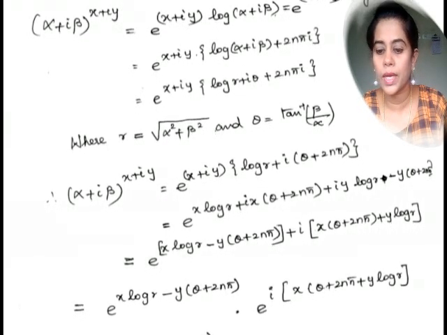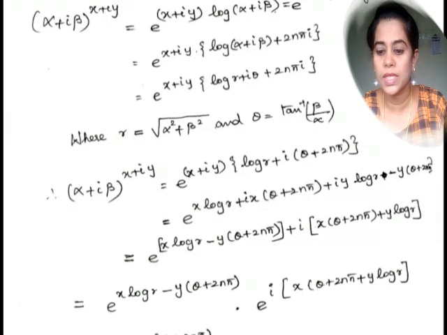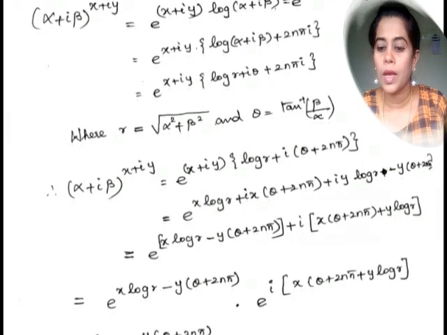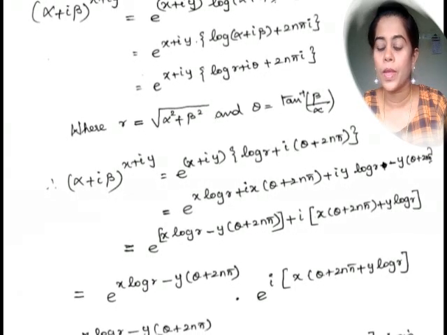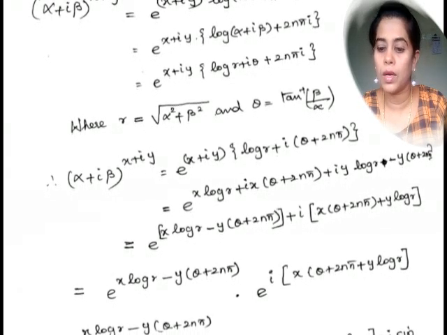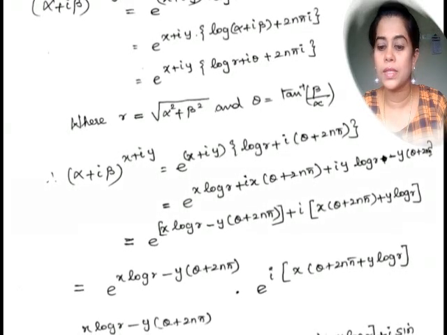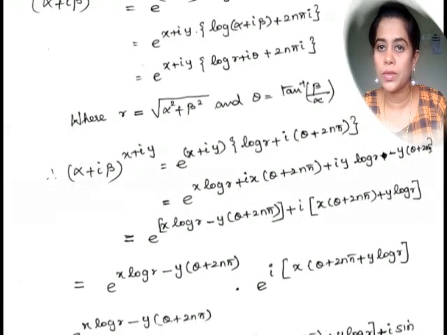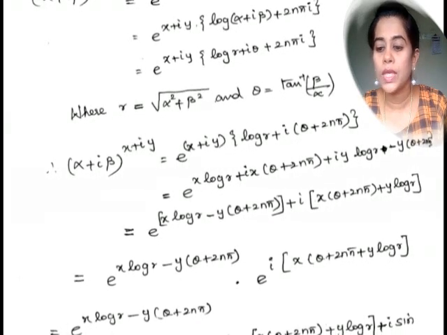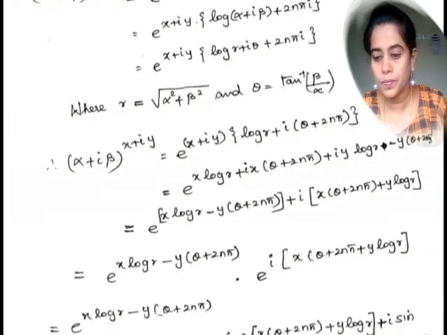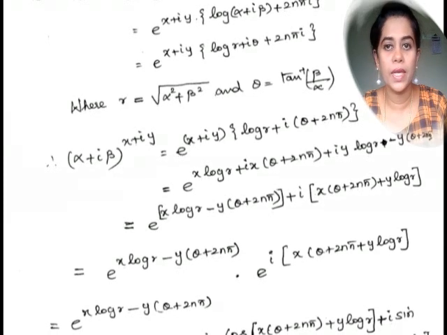Multiplying all the terms, we are getting e power of [x log r plus ix (theta plus 2n pi) plus iy log r plus i squared, which is minus 1, so minus y times (theta plus 2n pi)]. Then you separate the real and the imaginary part.